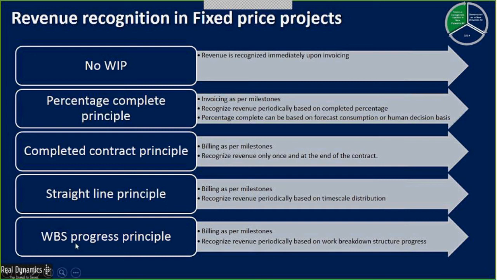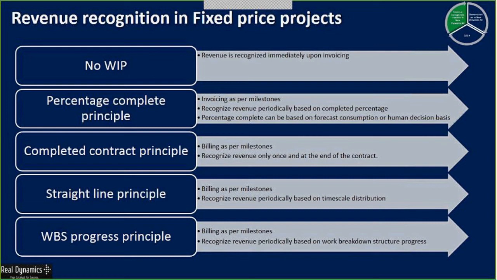The same goes with the other principle, which is the WBS progress principle. Your billing and invoicing is separated based on your milestone. However, your recognition is happening based on how much of the work breakdown structure is reflected as completed.